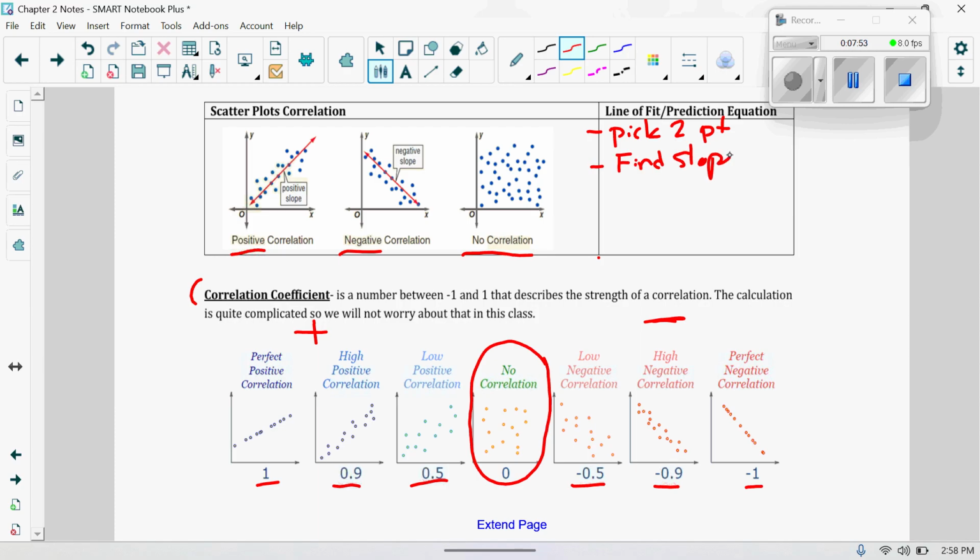So remember, that's change in y over change in x. And then using the slope and one of your points, we're going to put that into y minus y1 equals m times x minus x1. So this is an easier way to break down a prediction equation.